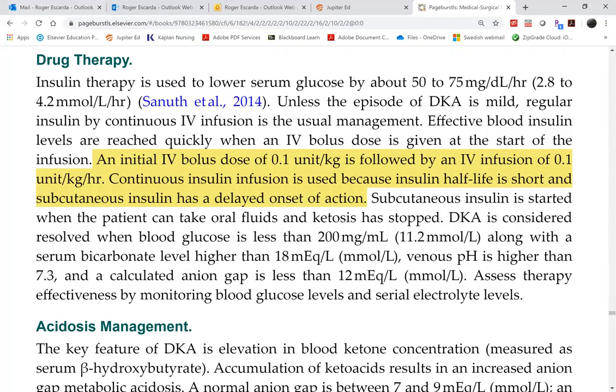So to demonstrate, okay, so you give 0.1 units per kilogram of insulin, right? So this is your insulin vial, so it's regular insulin. So you draw it with an insulin syringe.